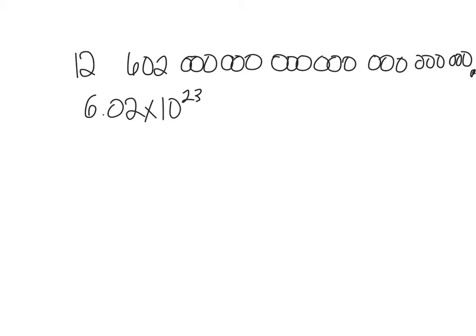So the mole has a symbol that you're going to use for this, and you're going to need to know this because you're going to start doing some math. The symbol for a mole is a small n, a lowercase n. It has units, and the units are written as MOL.